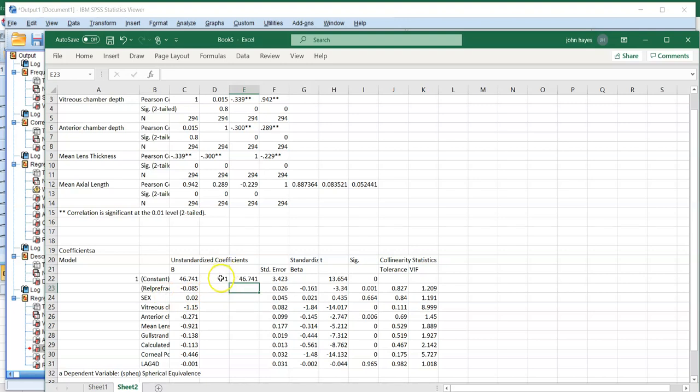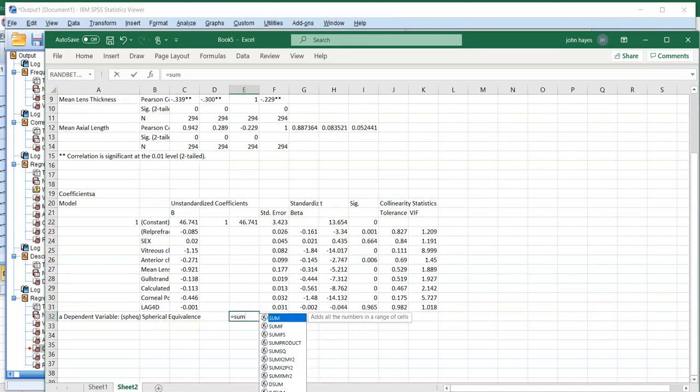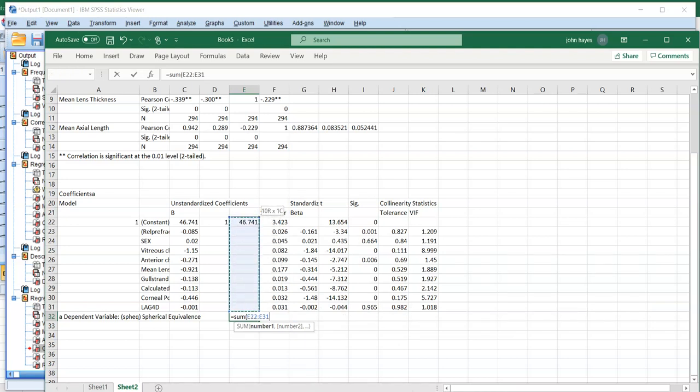But you can do the same thing if you want to find what the predicted value is for an individual subject. We're just doing it for the mean. Then down here, just say equals sum of all of these values once they're calculated. And that's your predicted spherical equivalent.